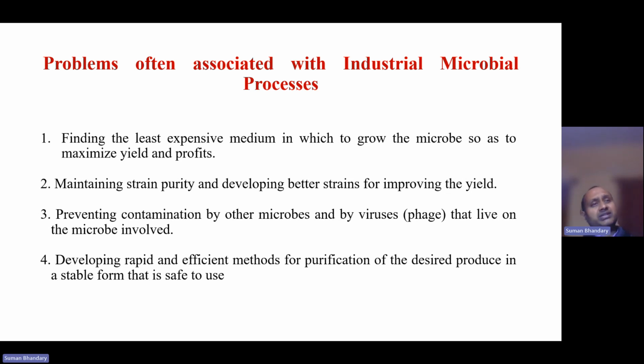Last but not the least, developing rapid and efficient methods for purification of the desired product. Why? Because we have to ensure safe use of the product and stability of the product.